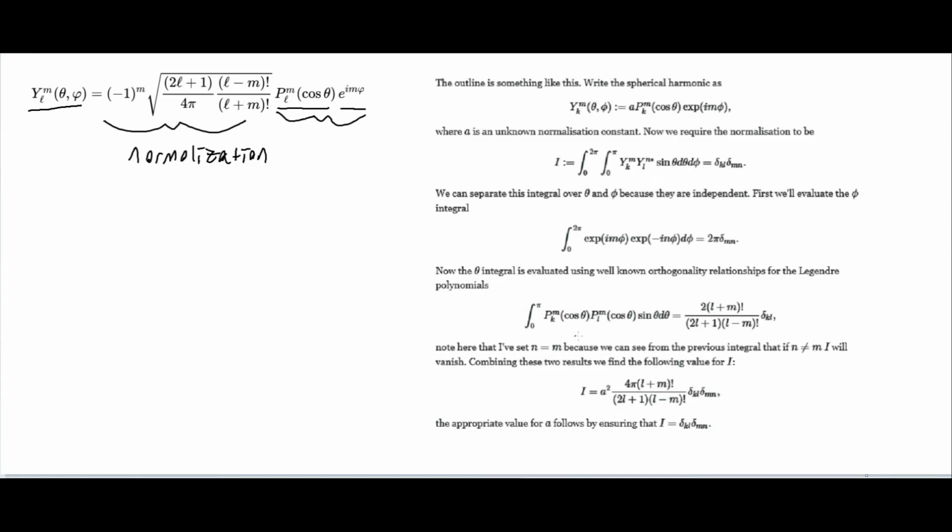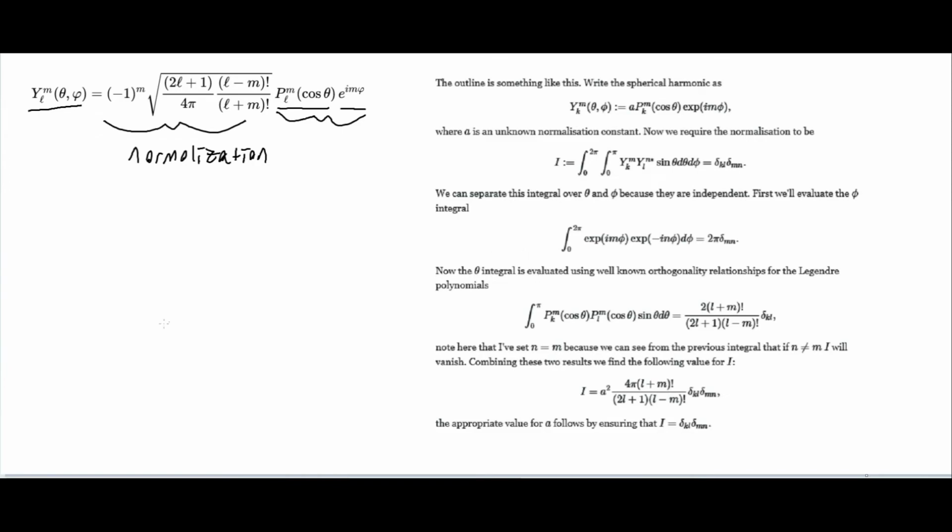And that's if these are the same associated Legendre function. That's what this Kronecker delta here is telling us. And that's how we end up getting this right here, which you can see is the reciprocal of what we have right here.